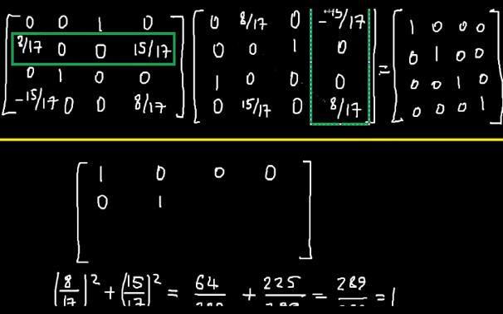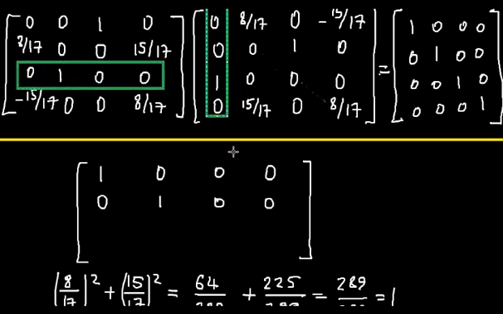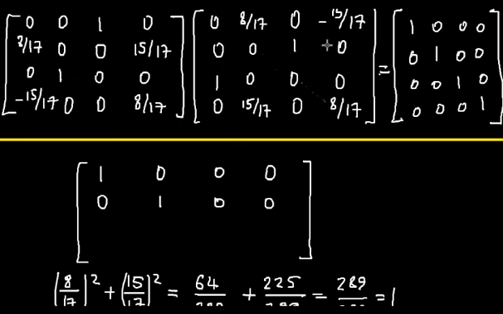It's 8 times 15 with a minus sign, and then 15 times 8 with a plus sign. And so together they will give us 0. So the next two entries there are zeros. And then we move to the third row here. That times the first column here, that's going to be 0.